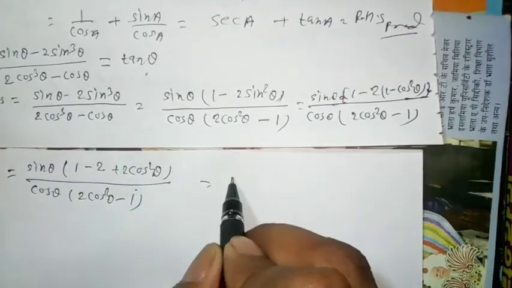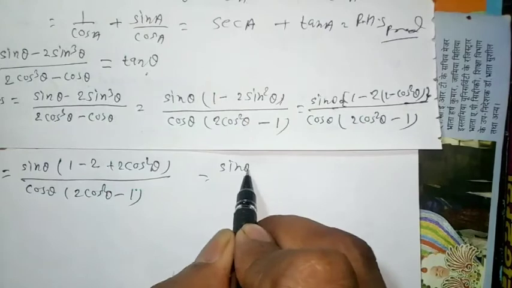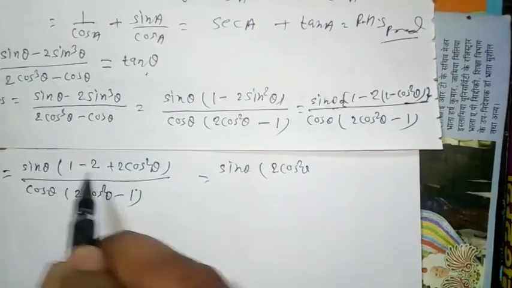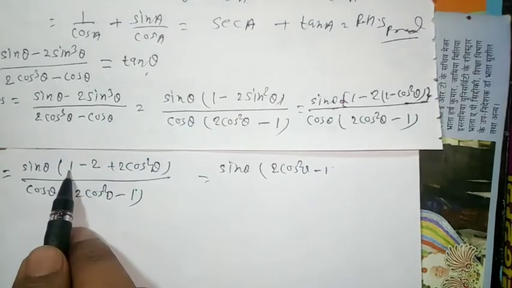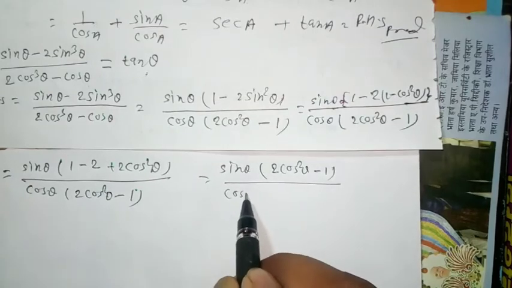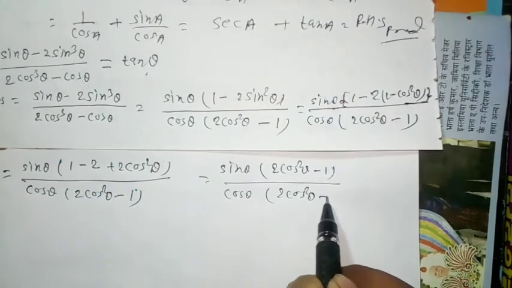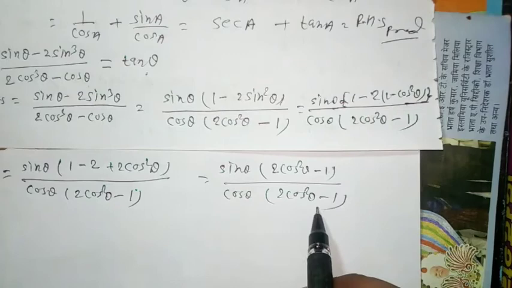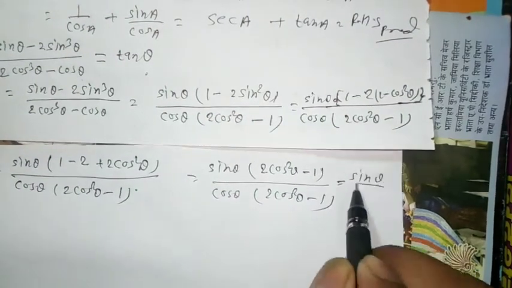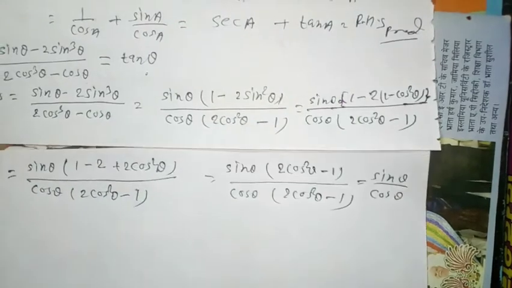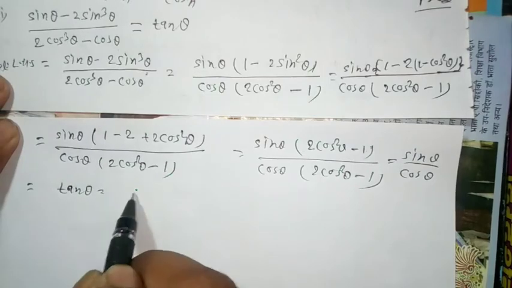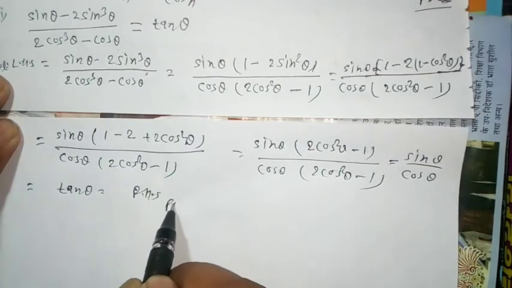Rearrange, then we get 2 cos square theta, 2 minus 1 is equal to minus 2 plus 1 is equal to minus 1 by cos theta into 2 cos square theta minus 1. 2 cos square theta minus 1 by 2 cos square theta minus 1 cancel, then we get sin theta by cos theta. So sin theta by cos theta is equal to tan theta is equal to RHS. Proved.